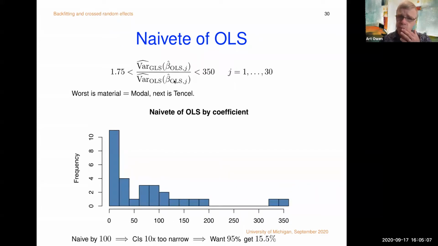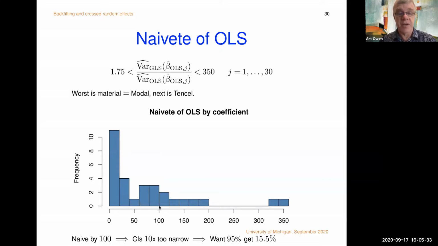And then I told you that OLS is naive. Here's the variance that OLS thinks it has. And here's what we think the variance really is. So the real variance is anywhere from about double to about 300 or more times what you would think from OLS, because OLS ignores correlations. So let's look at 100.